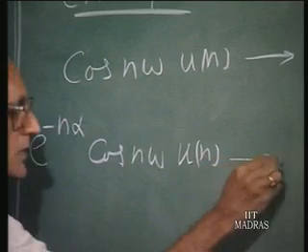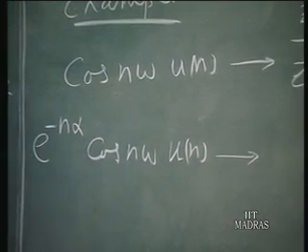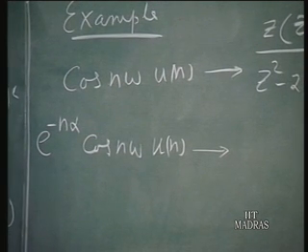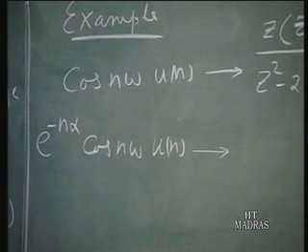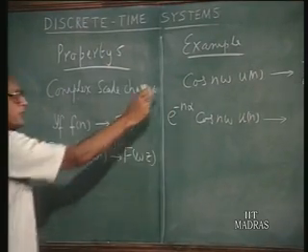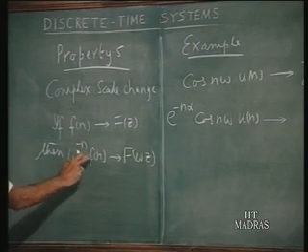Since you know the Z transform of this, you are multiplying by e power minus n alpha. If you recall the property that we have just discussed, this W corresponds to e power minus alpha here. So if you know the Z transform of Fn, you can find out the Z transform of W power minus n Fn.